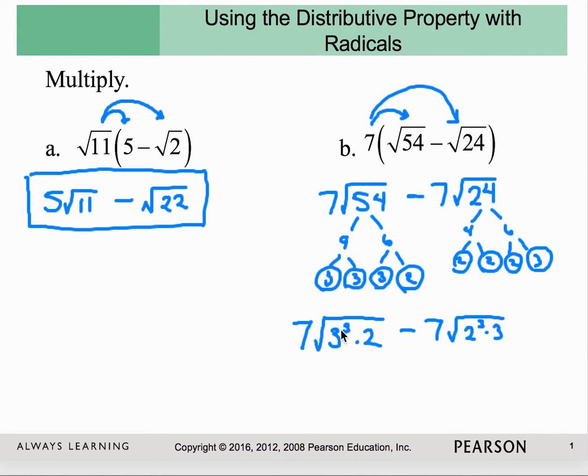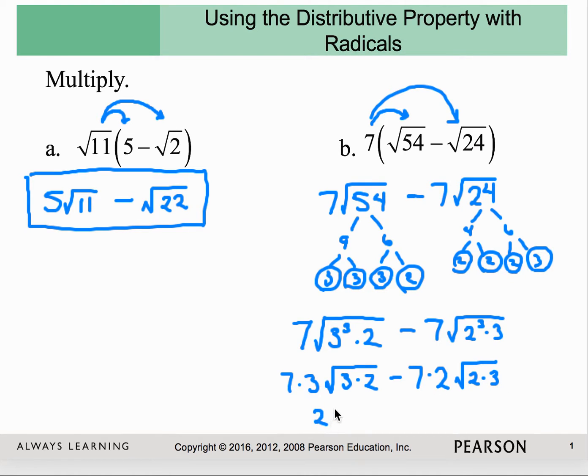2 goes into 3 one time. So I can bring out 1 three. But 1 stays underneath, right? And then times 2, because the exponent's already smaller than 2. Over here, 2 goes into 3 one time, so I can bring out 1 two. But 1 stays underneath.